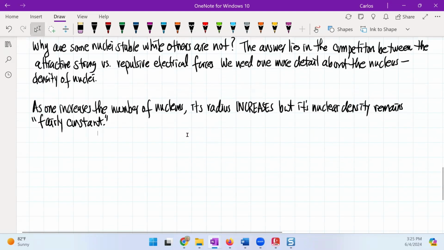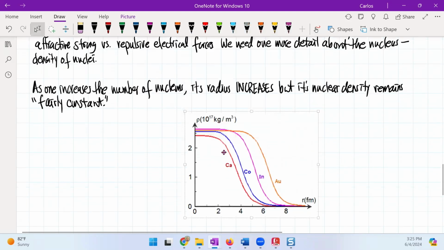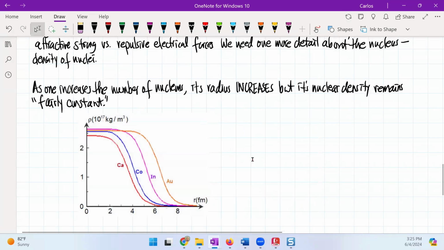So let me show you what I have here. I have this image here, and we're plotting the density with reference to the radius.